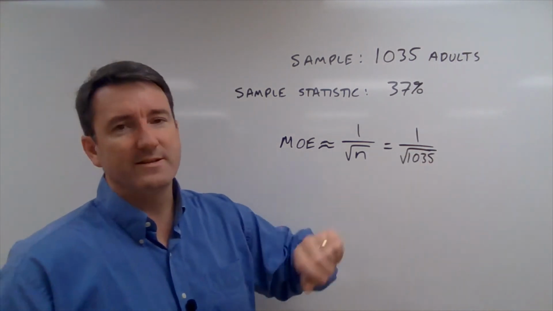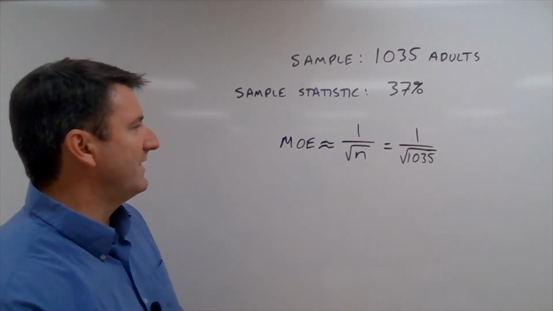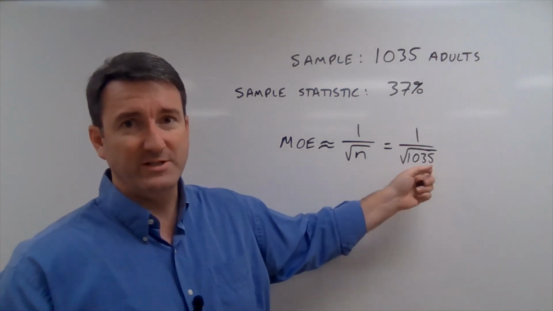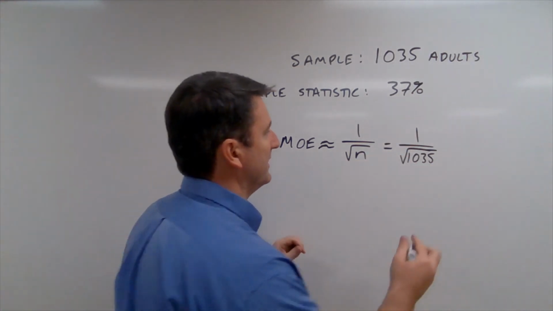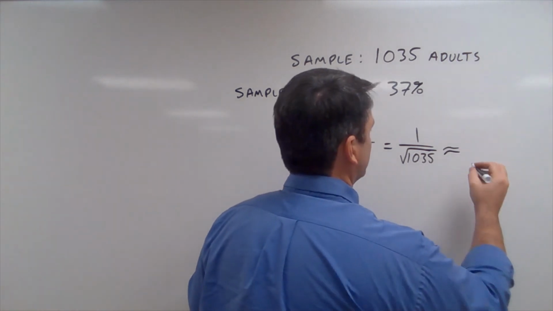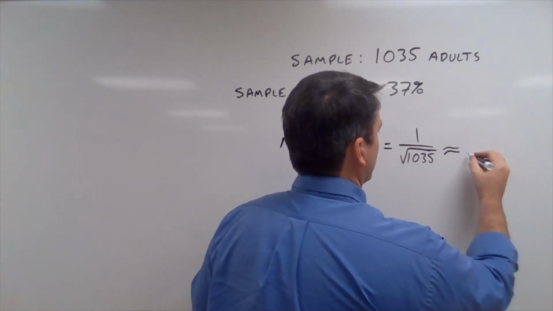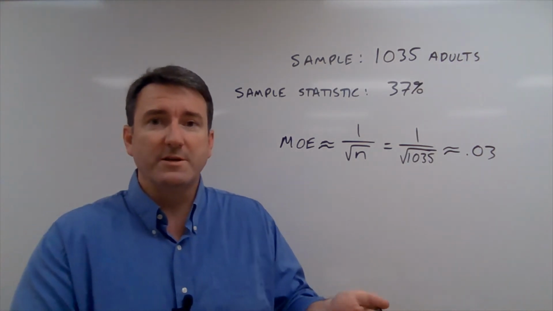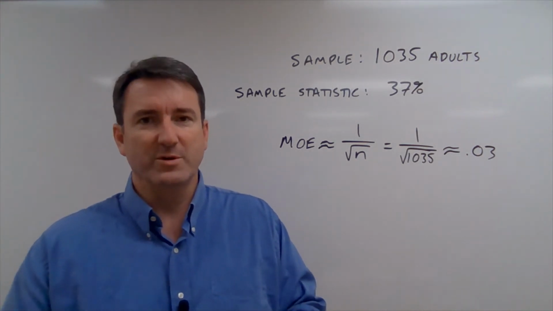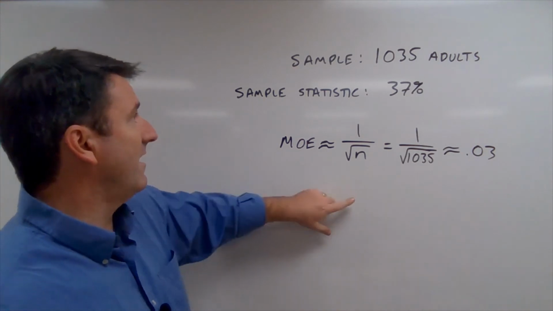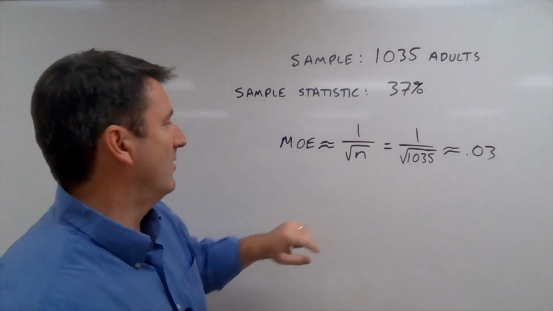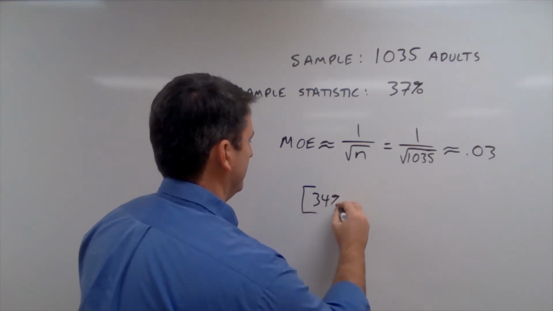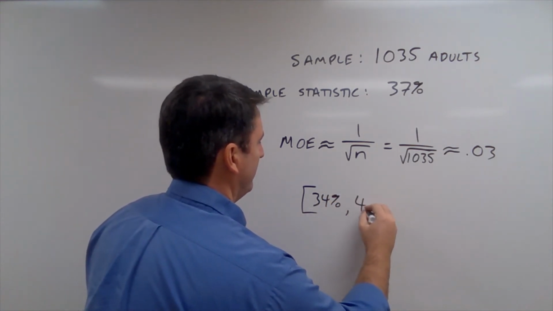And if we plug the square root of 1,035 into our calculator, we get about 32. And so 1 over 32 is going to be approximately equal to 0.03, or 3%. So our margin of error for this study is 3%. That means that our confidence interval is going to be between 34% and 40%.